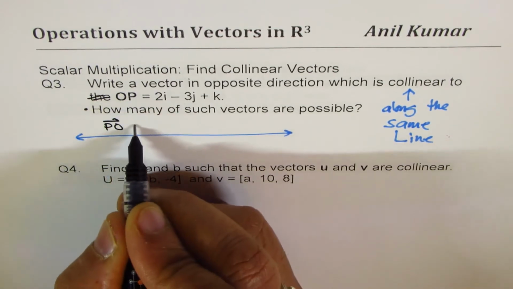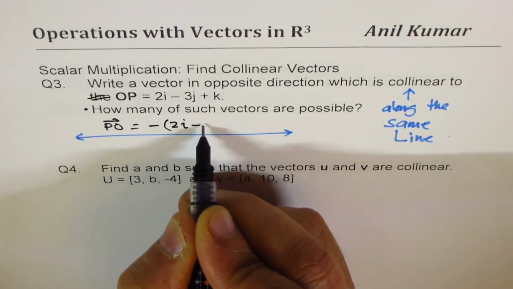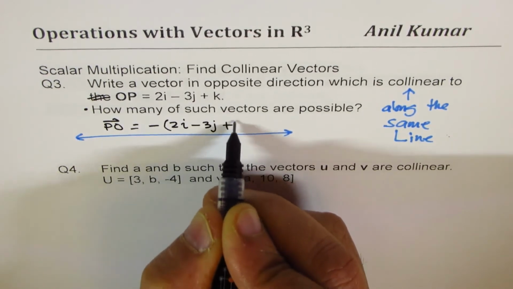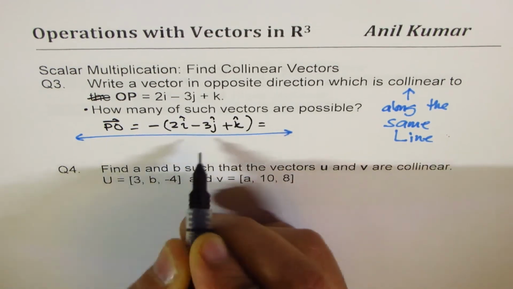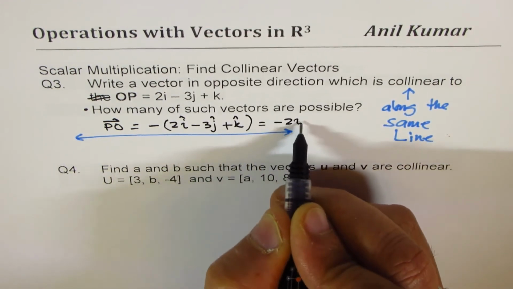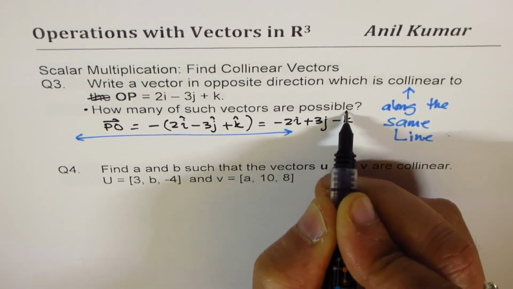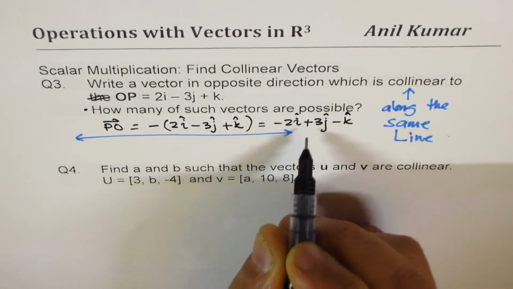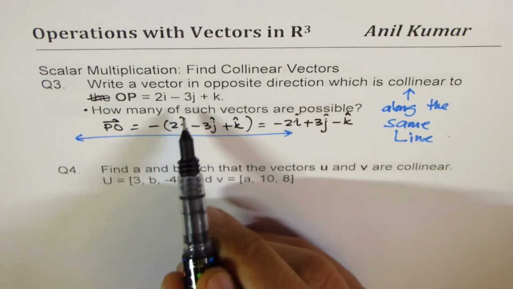This is OP. So that will be the negative of whatever you have, 2i minus 3j plus k. Do you understand? So that's probably the simplest way of giving it. So we get minus 2i plus 3j minus k. So that becomes a vector which is in the opposite direction to the given vector.